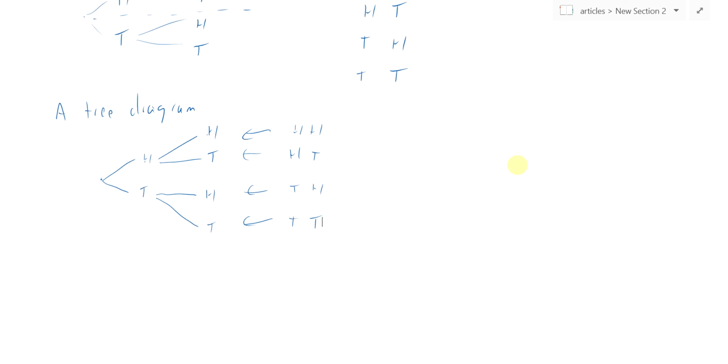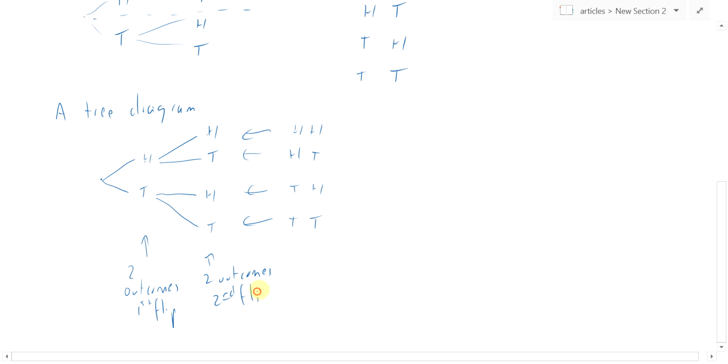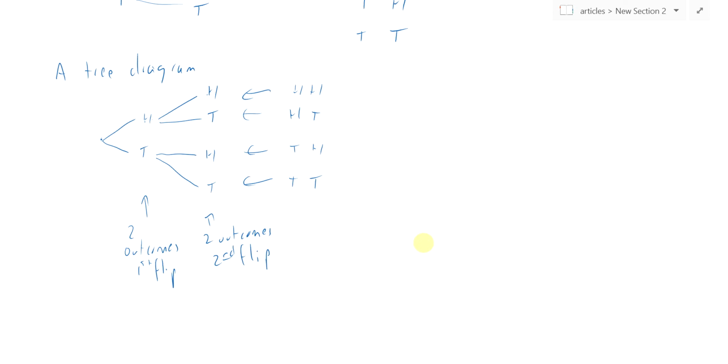How many options were there? There's 2 outcomes for the first flip. And then the second flip, 2 outcomes there. You could get heads or tails. Once you've done the first flip, the second flip gives you 2 outcomes. So 2 times 2, 4 outcomes total.